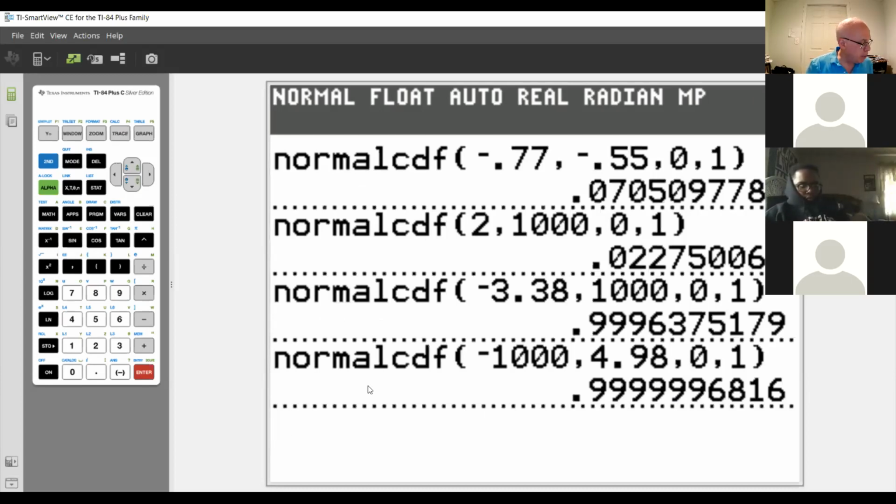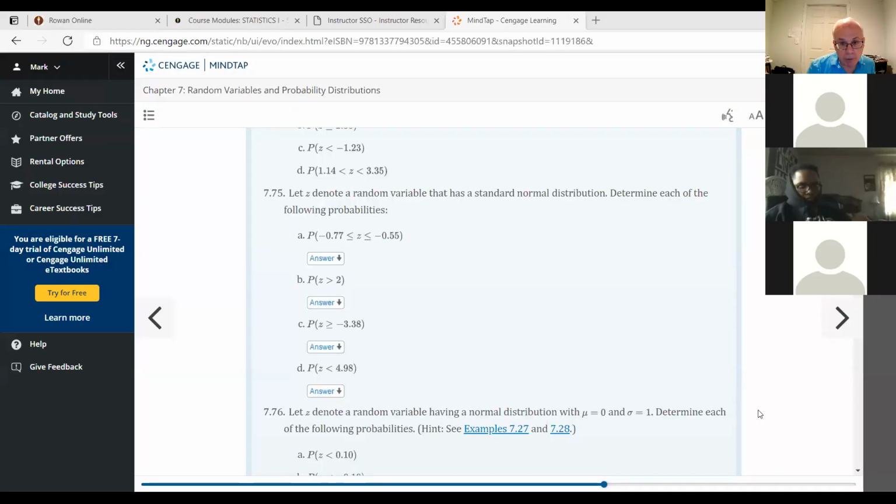Okay, any questions about how to find these? Now, I want to show you one question in 7.77, just to show you one of them which looks a little different than the ones we've done so far. Let's go down to 7.77.